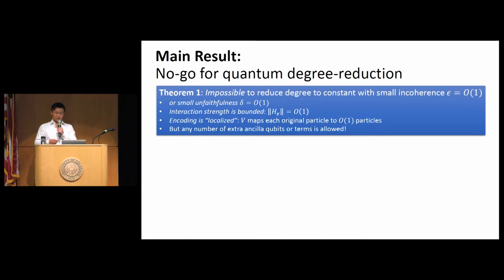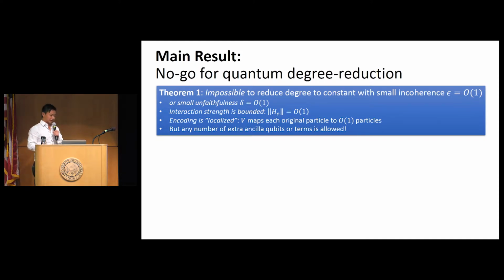Now let's restate our main result more formally in the context of gap simulation. Essentially, we prove that it is impossible to reduce the degree to a constant when we assume that the incoherence is a small constant. In fact, we can also prove that it's impossible to incoherently degree reduce when the unfaithfulness is small.